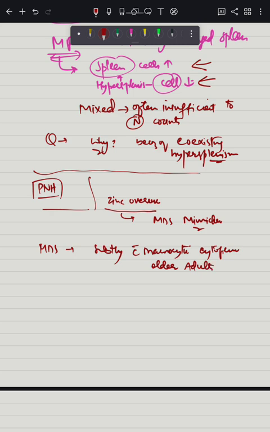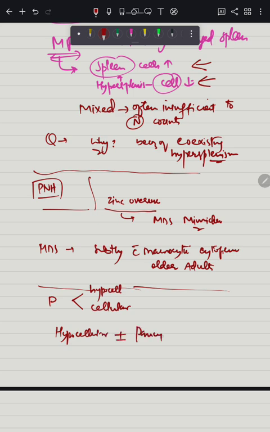Now, we read pancytopenia with hypocellular marrow and cellular marrow. Now there are some categories with hypocellular marrows but with or without pancytopenia. So what are the causes?